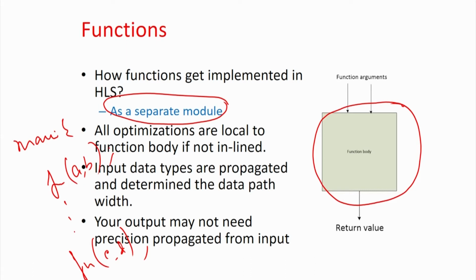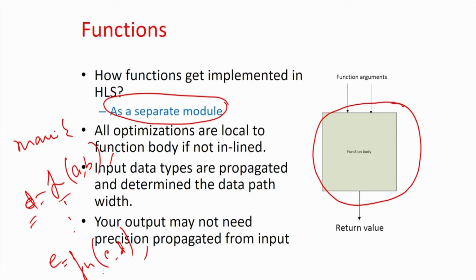It has two inputs: the arguments become the inputs, and the return value becomes the output of that function. This module will be created in hardware, and when you call this function the first time with a and b, they are passed to the parameters, it calculates, and it returns the value that is stored in variable d.